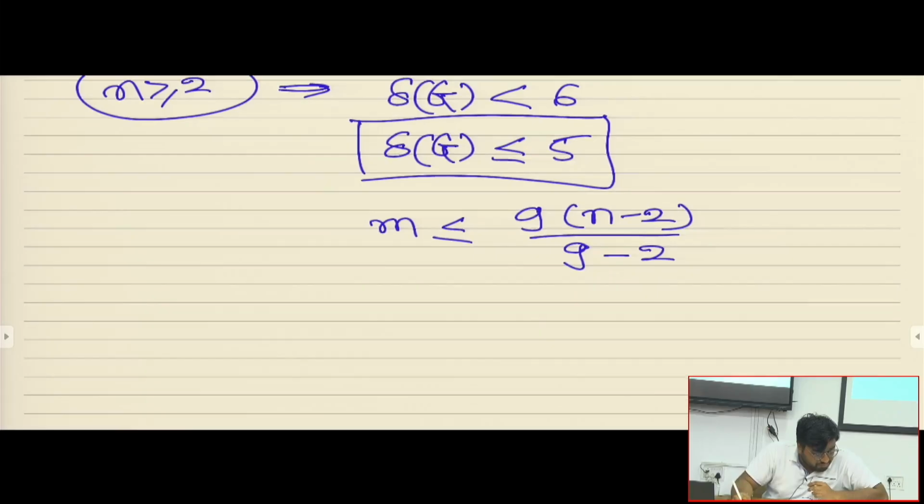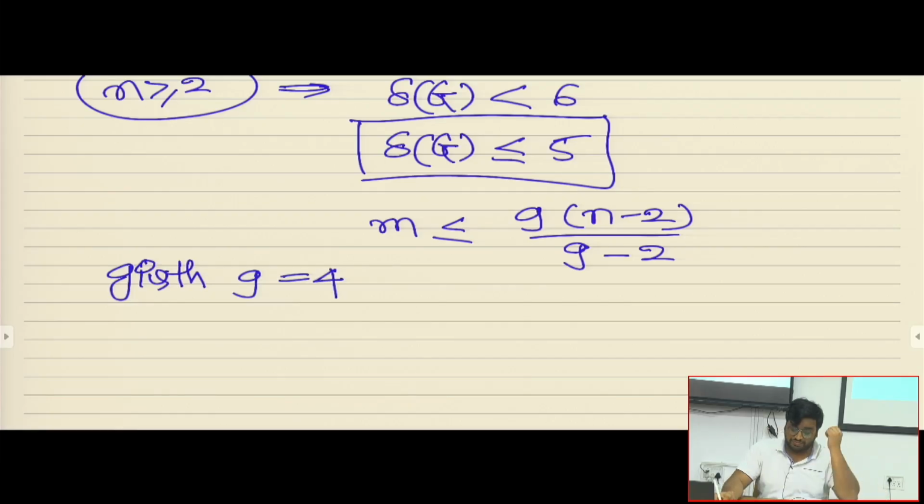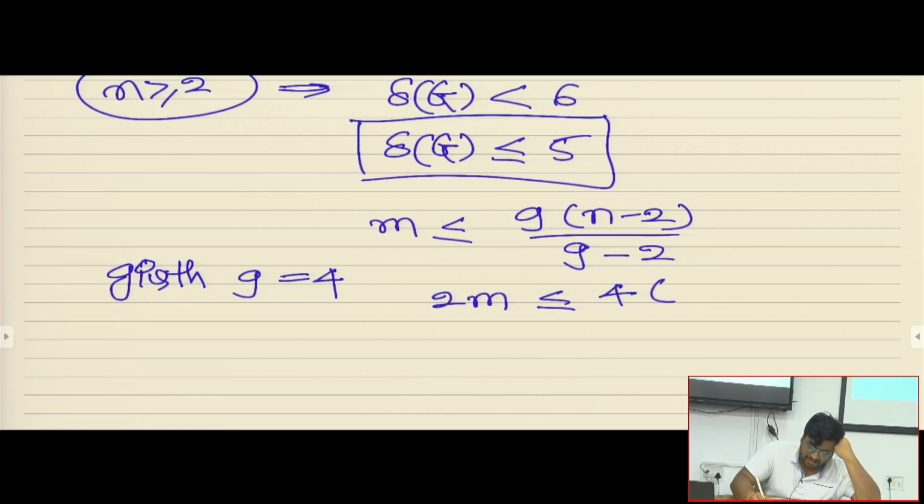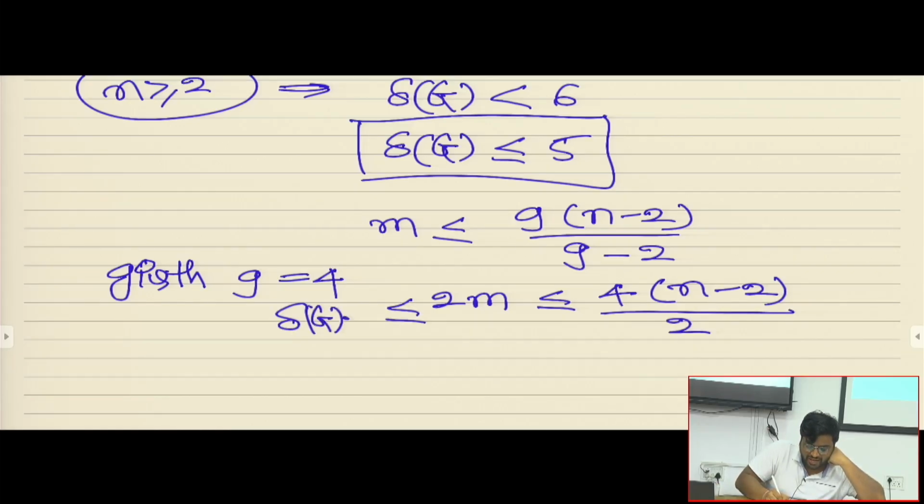Here the girth g is given to us, that is 4. So from that, multiplying both sides, and g equals 4 we have this, and 2m is less than or equal to delta of G times n.